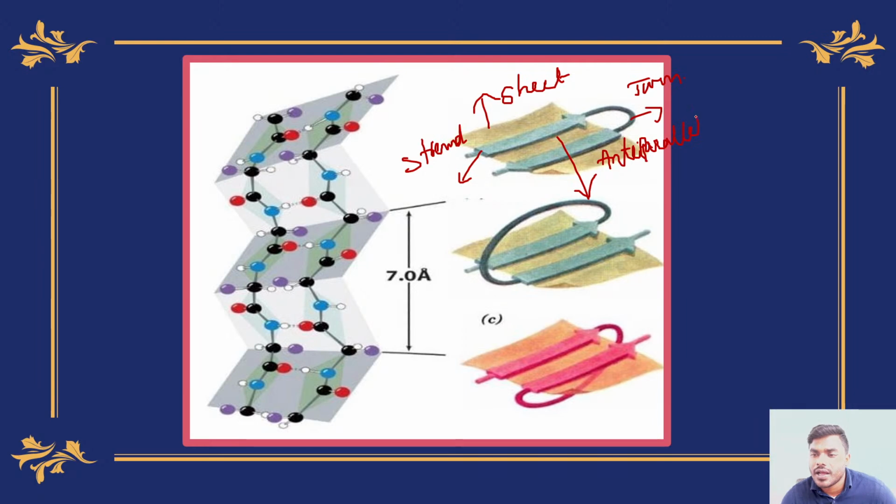Correct, friends? And if you look into the second diagram, both are moving in the same direction. We can say that both are moving in the parallel direction. And in the third diagram, they are also moving in the same direction, which is the parallel direction.